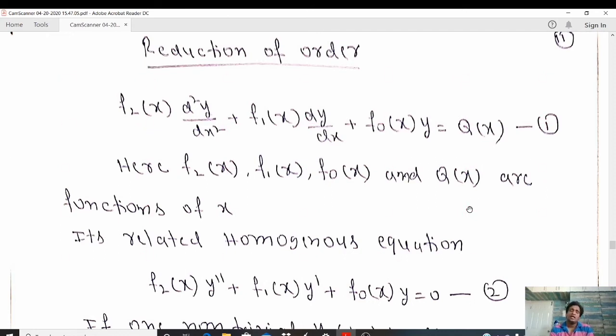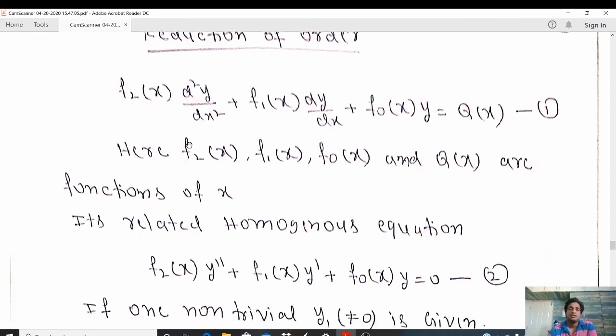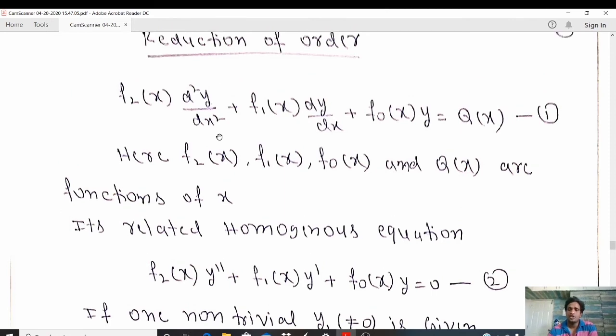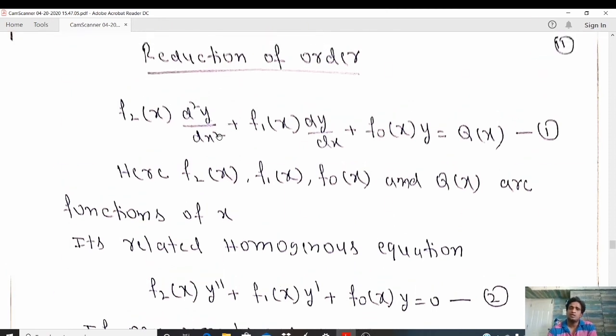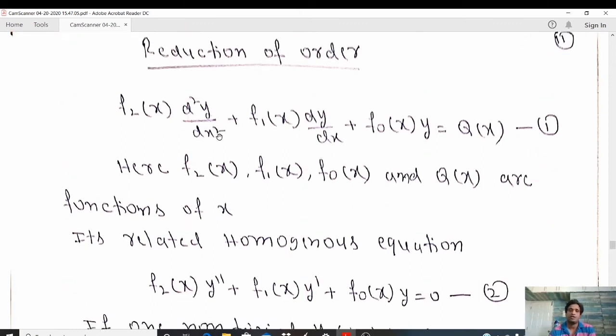In variation of parameters the coefficients were constants, but in the reduction of order method the coefficients may not be constants. Here they may be functions of x. Today we just derive the formula for reduction of order, and in the next class we'll do some problems related to reduction of order.